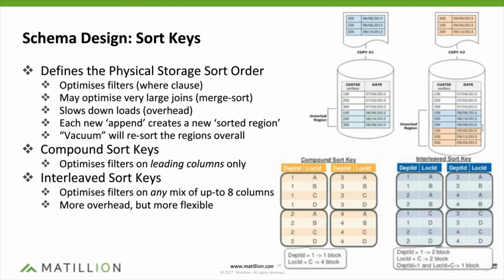So if you constantly append new data onto the end of a table, what you get is unsorted regions, which are sorted in themselves, but just tacked on to the bottom of the file, which isn't a big problem if you're doing it infrequently, but over time, it ruins the benefit of defining a sort key in the first place. And a vacuum is the operation that will re-sort all those unsorted regions back into a nice, efficient table.